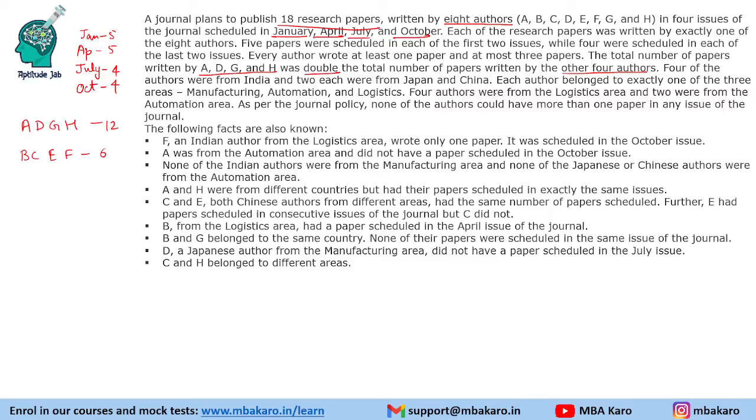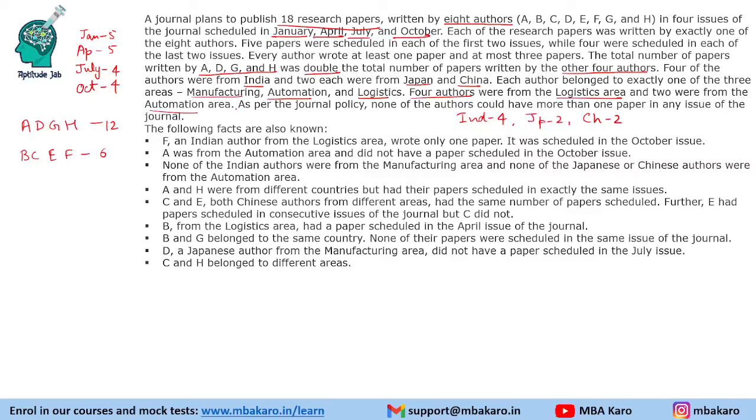Now further it is given that 4 of the authors were from India, 2 each from Japan and China. So India 4, Japan and China 2 each. Each author belonged to exactly one of the 3 areas: manufacturing, automation and logistics. 4 authors were from the logistics area and 2 were from automation area.